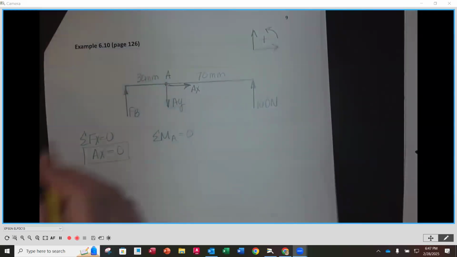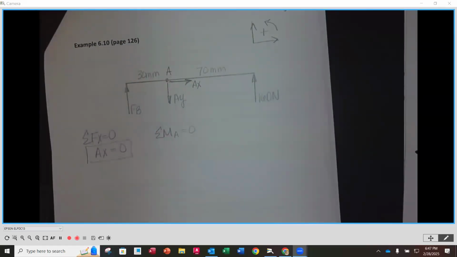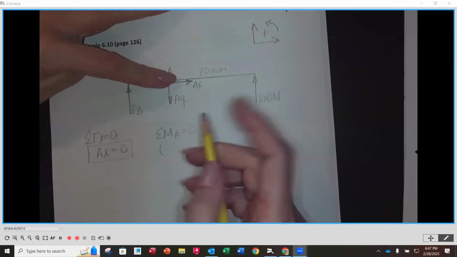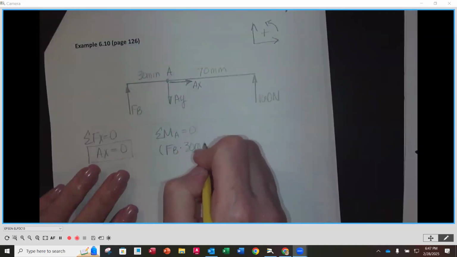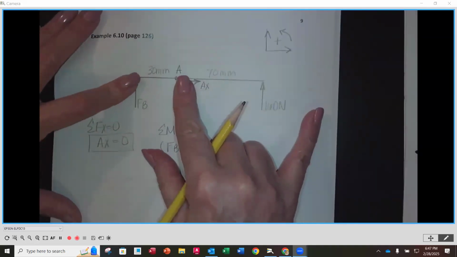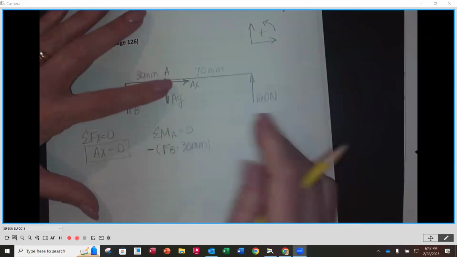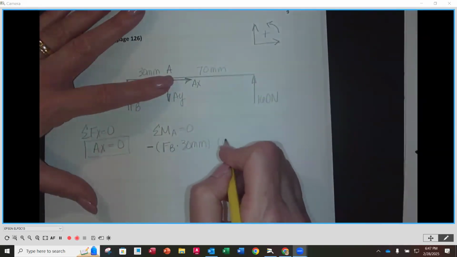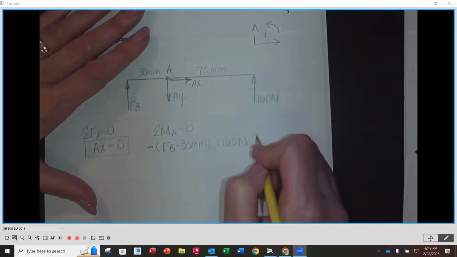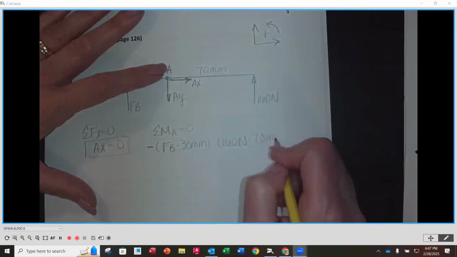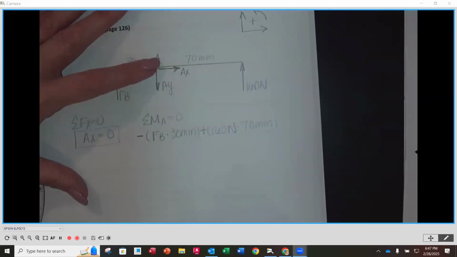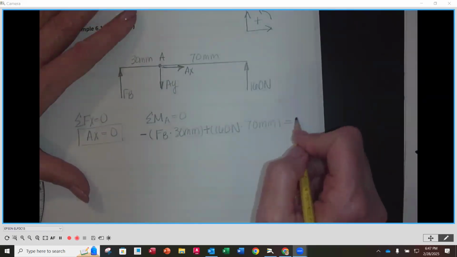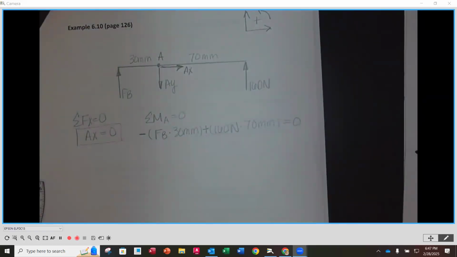You could go around point B here at the front if you wanted to, but I'm going to do it around A. So FB times 30 millimeters, and this is going to rotate clockwise, so negative out front. And then I have 160 newtons times 70 millimeters. It's going to rotate counterclockwise, so positive out front. And then I can set that equal to 0.